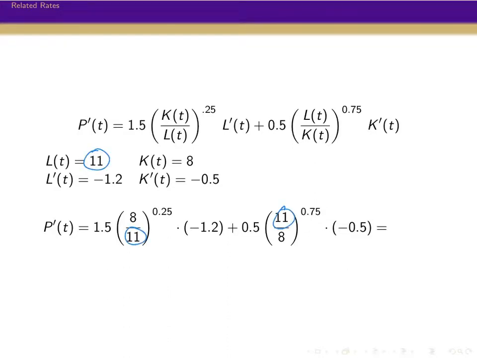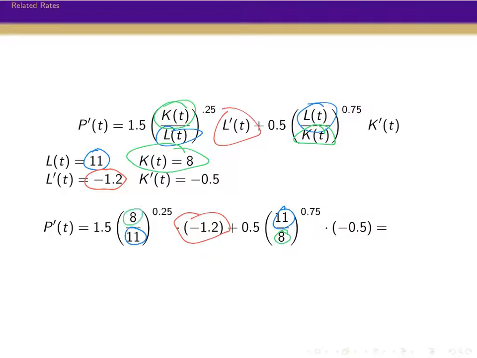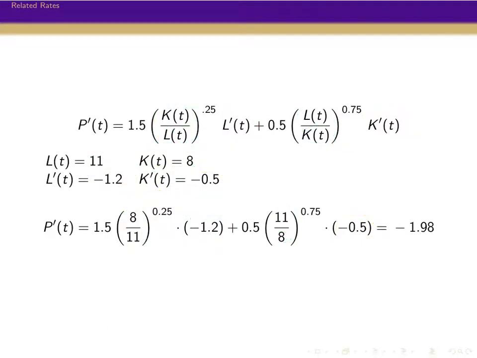All my L of t's there, my L prime sitting right there, my K of t's sitting there. And finally K prime getting plugged in there. So everything lines up. We plug it in and we get minus 1.98.